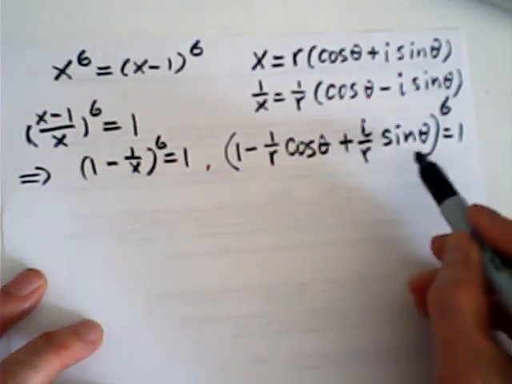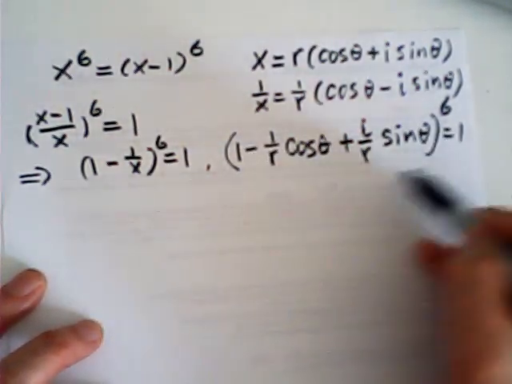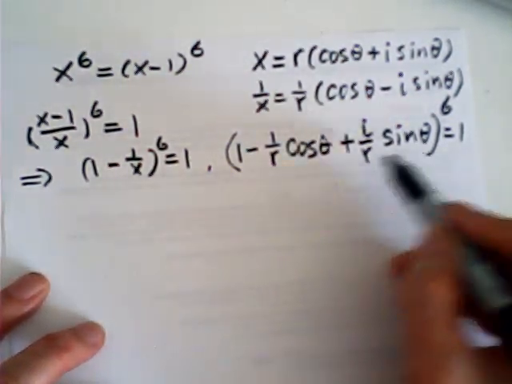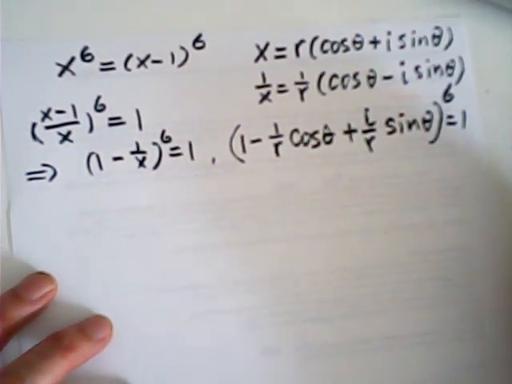Now, since this complex number inside the bracket, to the power of 6 equals 1, therefore the modulus of this complex number must be equal to 1.